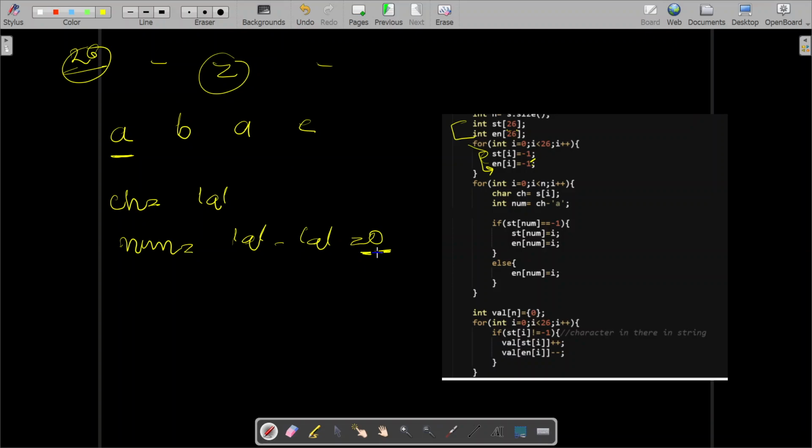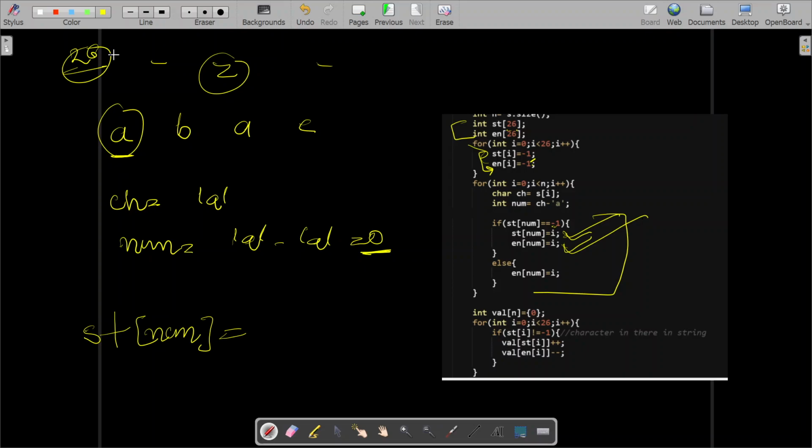Now this a came, so we will set st of num, the starting position of num, to this i. You can get this logic: if st of num is equal to -1, it means we have never got this before. So the first time we are getting it, we will set the starting point to i and the ending point also to i.